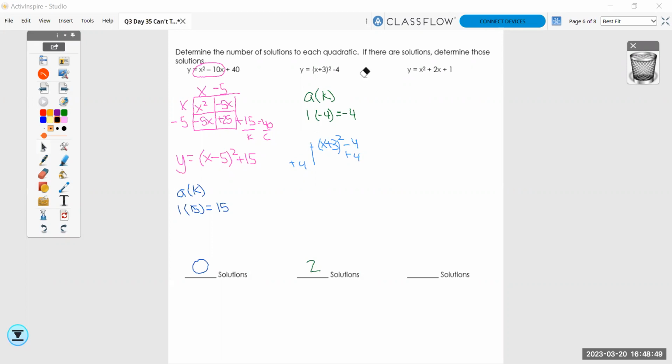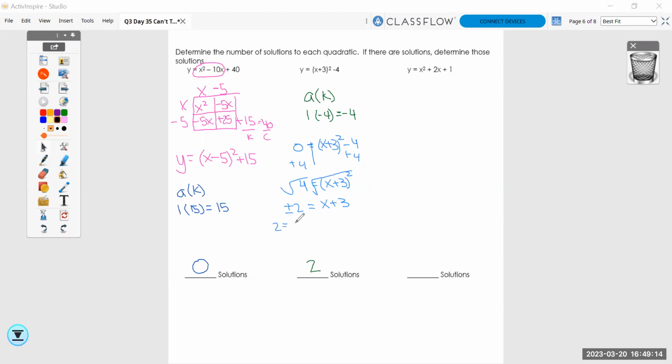So we're going to set it equal to 0 first, and then we're going to add 4. So we have 4 equals x plus 3 all squared. So my squared term is alone. I'm going to square root this side, square root that side. So positive or -2 equals x plus 3.